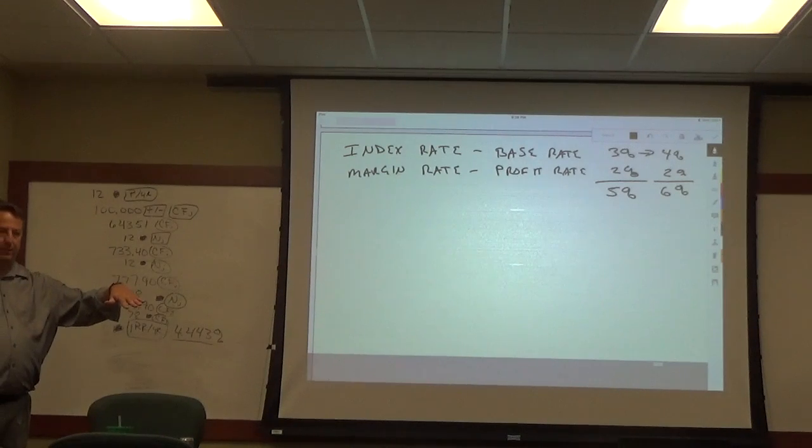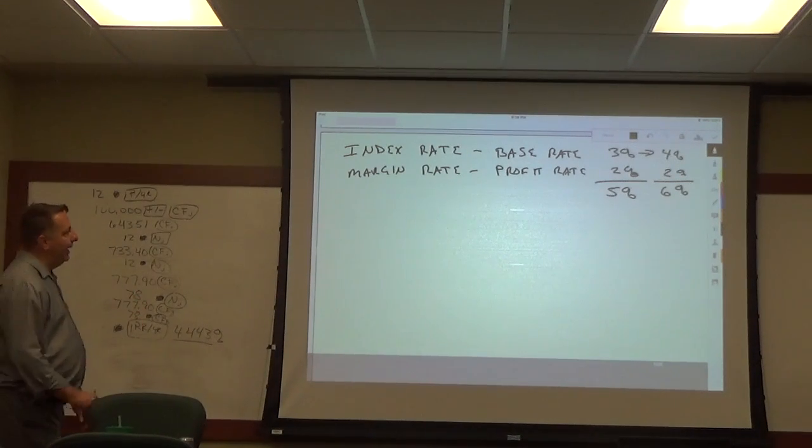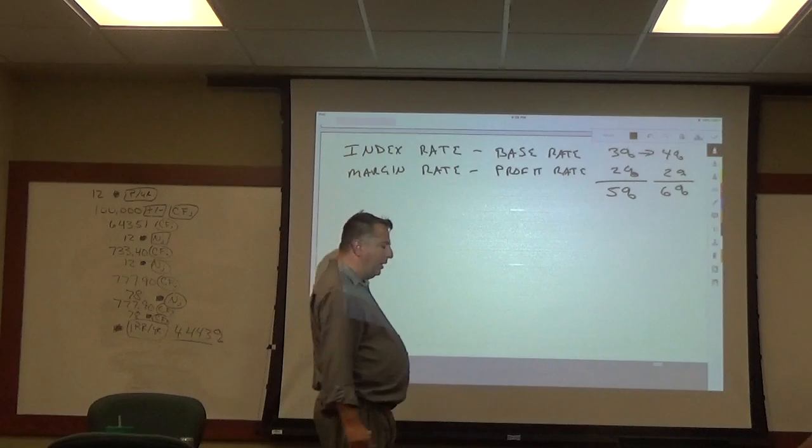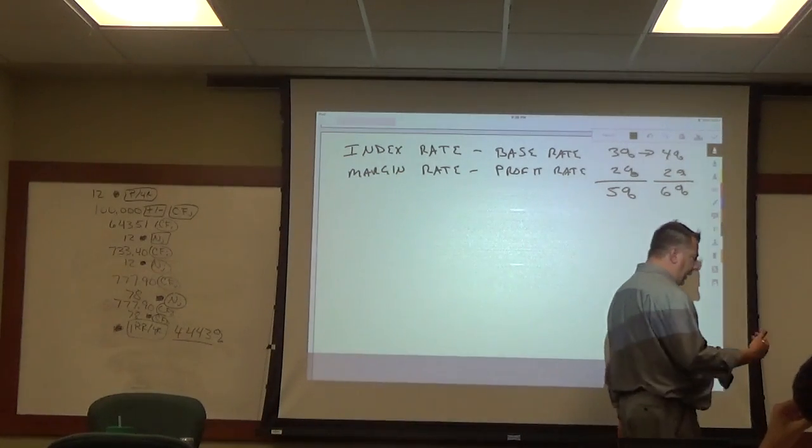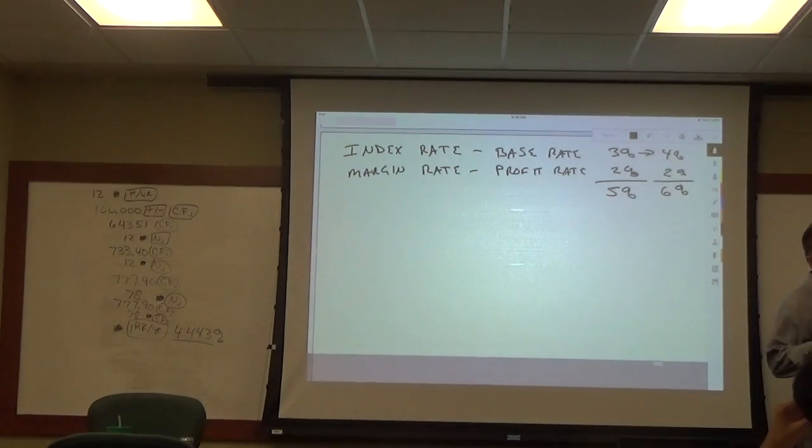Any questions on that? All right, now, one of the things that can take place with a mortgage, whenever you go and get it, is that the lender will usually specify whether there will be any sort of caps or floors.